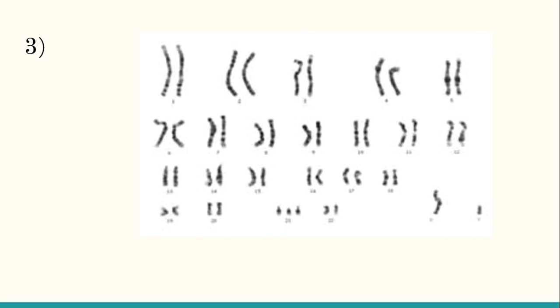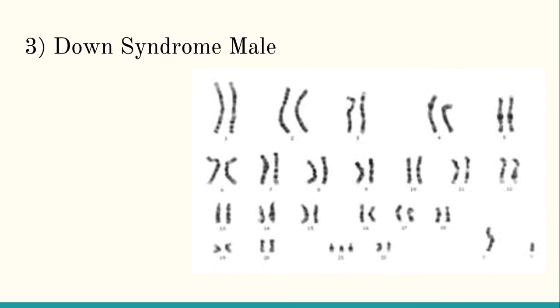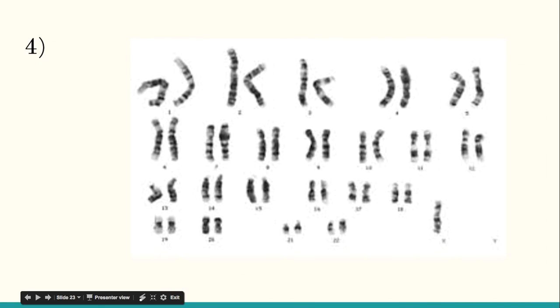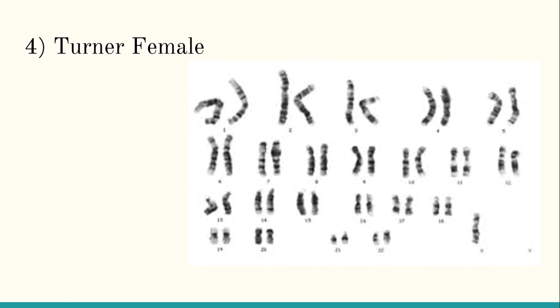Our third is a male who has Down syndrome. Again, what we're looking at here, it's 21st. There's 3. Male because I have 1 X chromosome and 1 Y. Our fourth, this is a Turner female, or a female who has Turner syndrome.